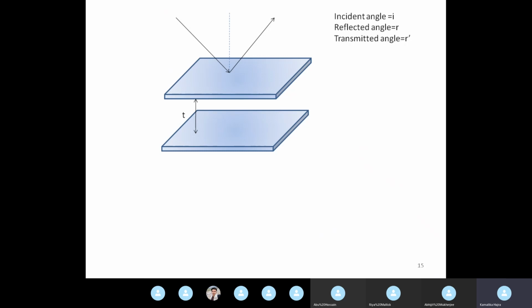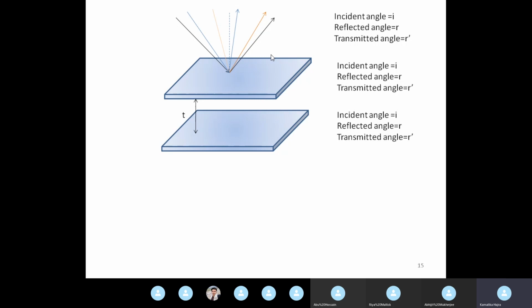But then we can have another incident ray. If you picture this in the three-dimensional mode, try to visualize it. We can have another ray with the same angle of incidence i, which will produce another reflected ray with the same angle of reflection r and another transmitted ray with the same angle of transmission r prime, this orange set, okay?